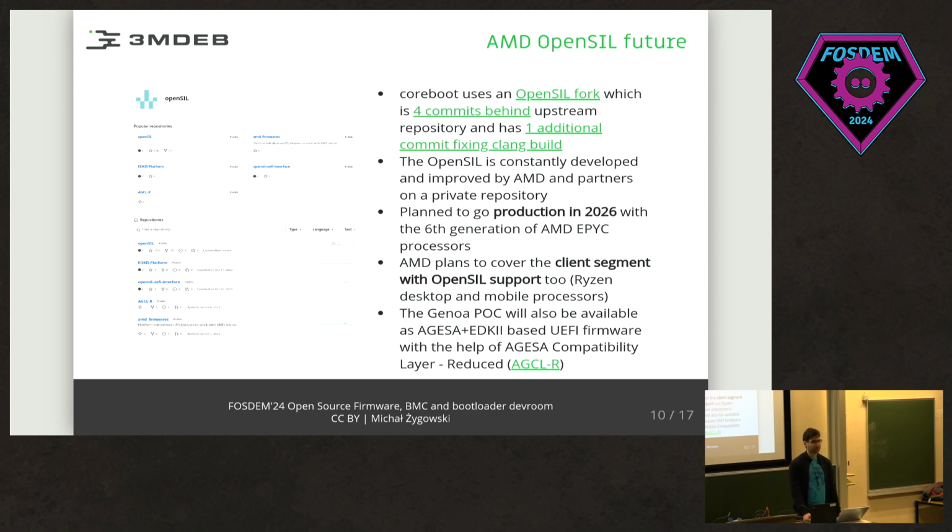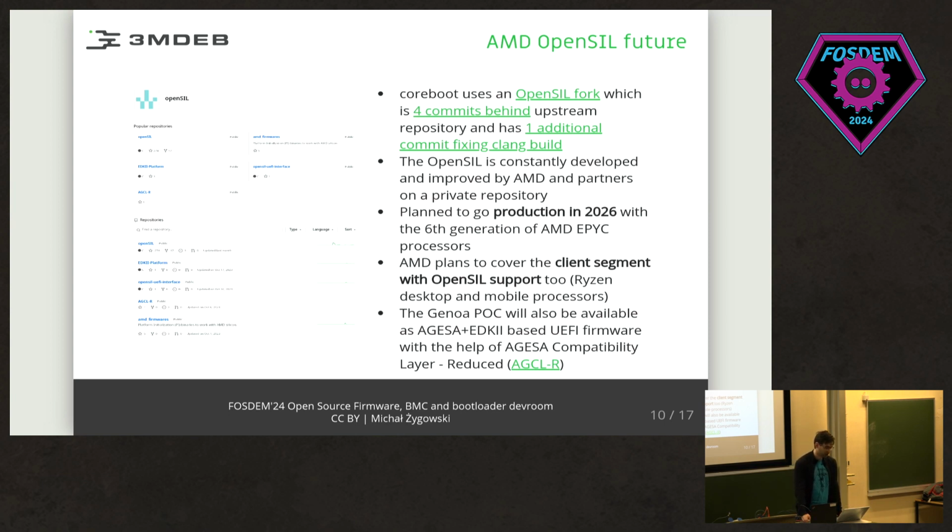But what is more important is that AMD plans to expand to all market segments of their silicon to use OpenSIL. So in the coming years we will see all possible platforms that could run OpenSIL.